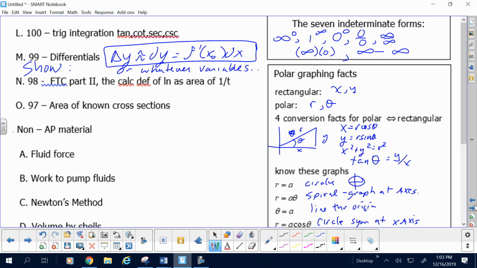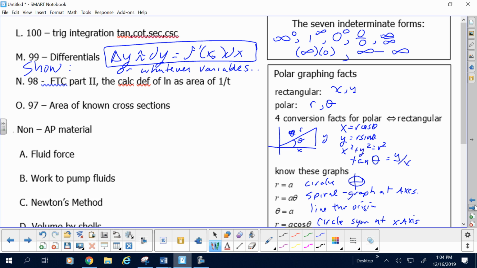I looked at one of those on the homework, I can't remember which one, but if it says estimate the square root of whatever using differentials, and nowhere in the box do I see a differential, you're probably not going to get very much credit. If it says use differentials, I should maybe see a differential in the problem. All right.